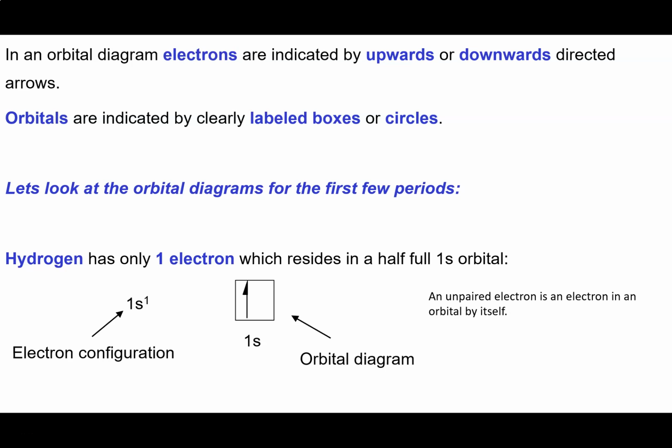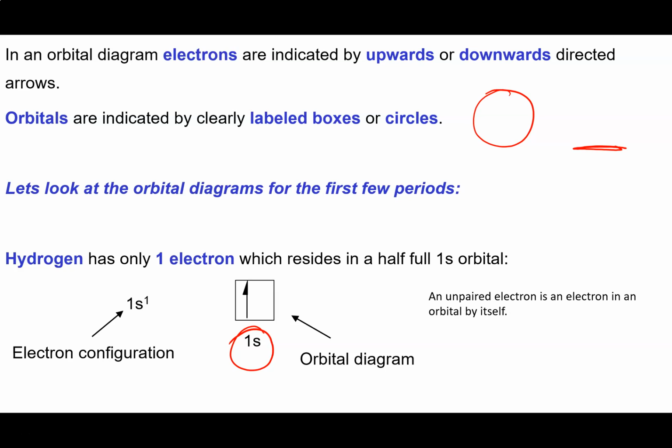In an orbital diagram, electrons are indicated by upwards or downwards directed arrows. Orbitals are normally indicated by boxes. Some people will do circles. A lot of people will do lines, but what is important is that they need to be clearly labeled as to what the subshell is that they're depicting with the diagram.